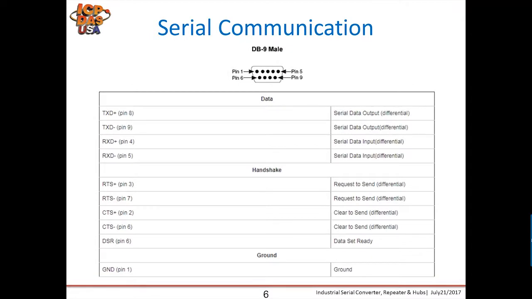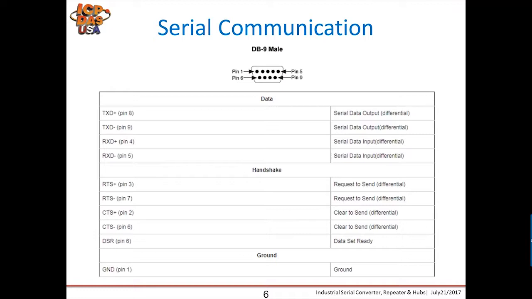This is RS422 or RS485 wiring. RS422 is a serial connection used on Apple Macintosh computers. RS422 uses a differential electrical signal as opposed to unbalanced signal referred to ground with RS232.